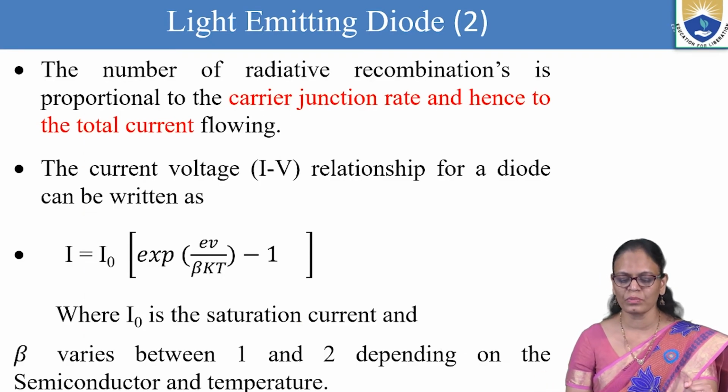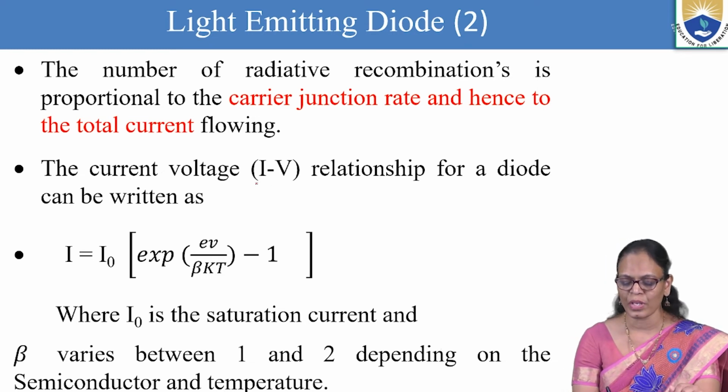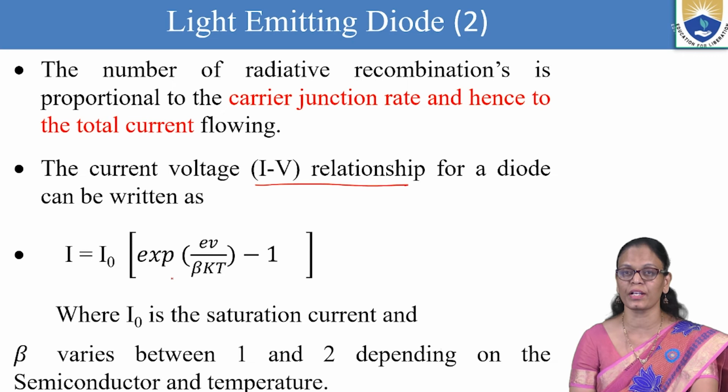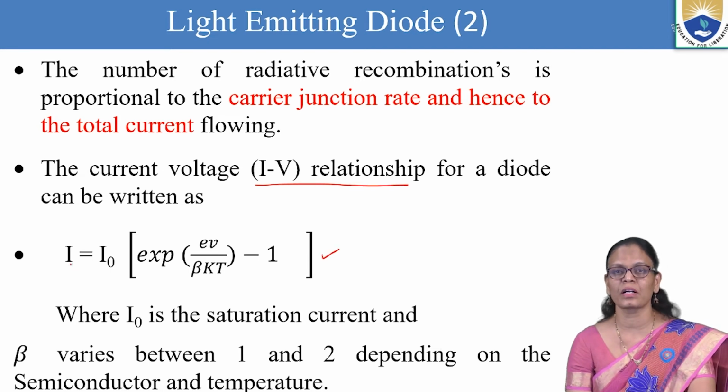Now coming to the formula that we are going to use, the current-voltage relationship for an LED is given by I equals I naught times exponential of eV by beta kT, minus 1. This is the formula we use to calculate the current or the voltage that has to be applied.